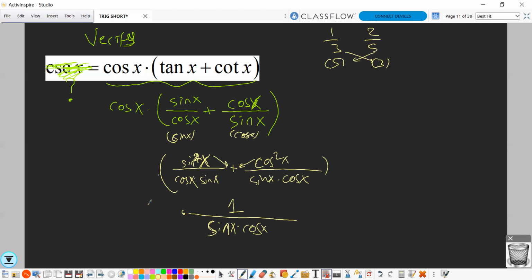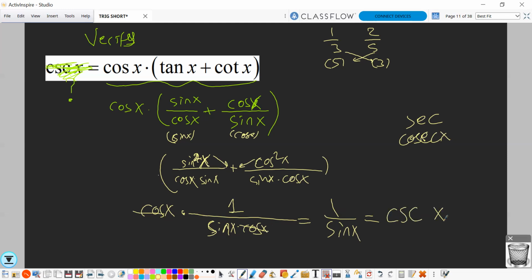Additionally, outside we have times cosine x. So these two can be simplified. Later you will have 1 over sine x. There was this opposite thing, secant and cosecant. They were working opposite. If it is sine x, it should be cosecant x. We can shortly show it as cosecant x.